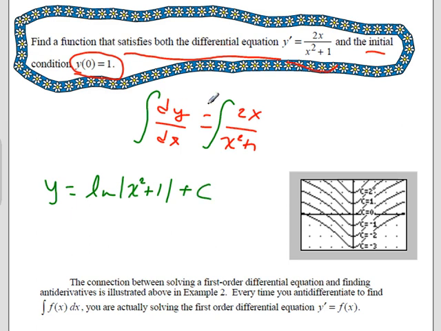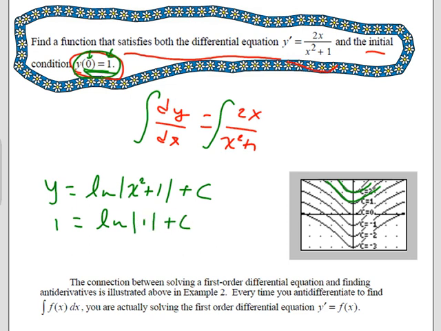And so let me stop. Before we incorporate this piece of information, this plus c gives us a family of curves. And so here we have all of these different functions for varying values of c. But if I use this initial condition, when x equals 0, y equals 1, so I can put 1 in, I get ln of 1 plus c.